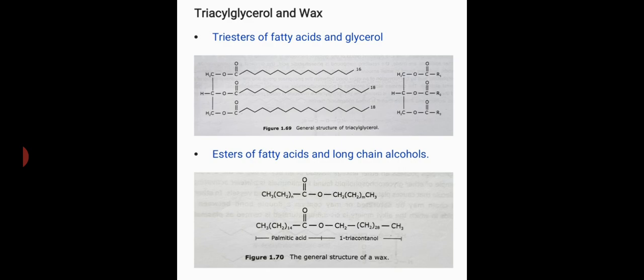The fatty acids that they contain are of varying length and may be saturated or unsaturated. These can be distinguished as fat and oil on the basis of physical state at room temperature.